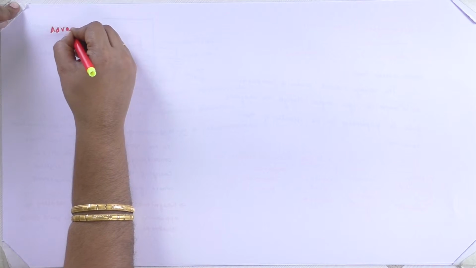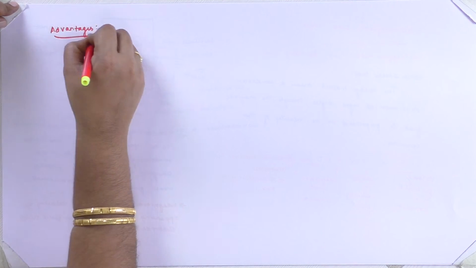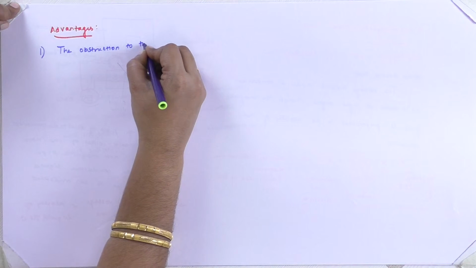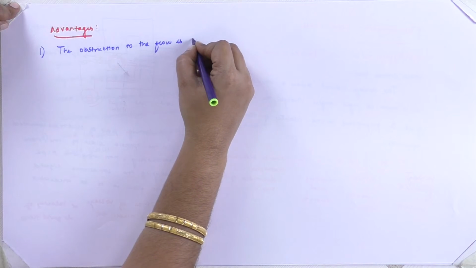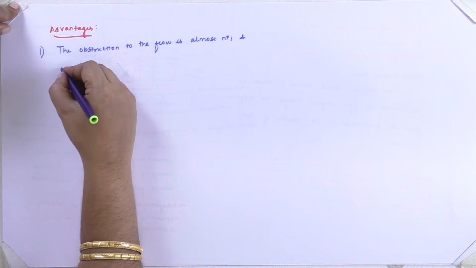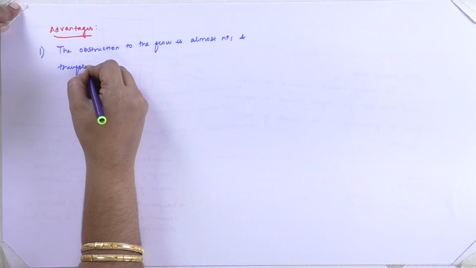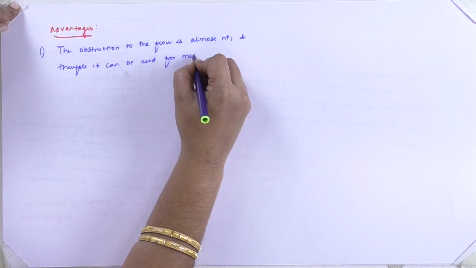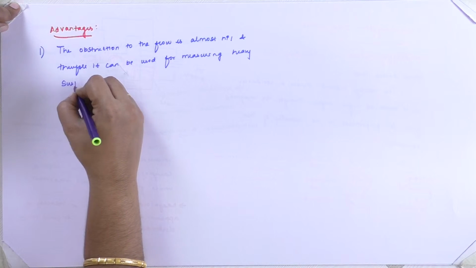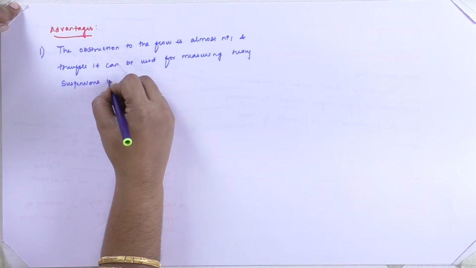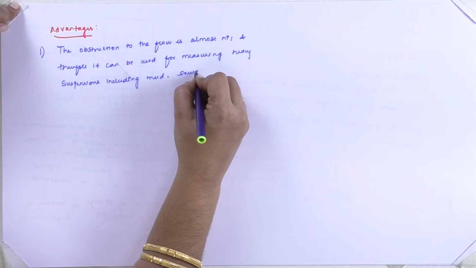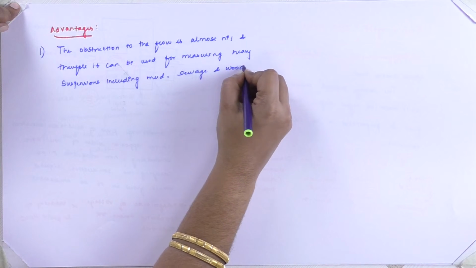Now let us see the advantages of the electromagnetic flow meter. Here the obstruction to the flow is almost nil, and therefore it can be used for measuring heavy suspensions including mud, sewage and wood pulp.